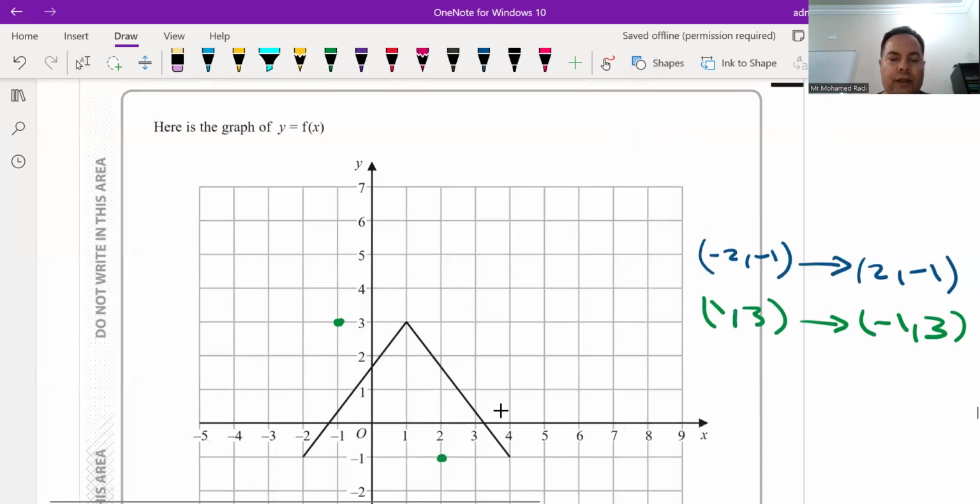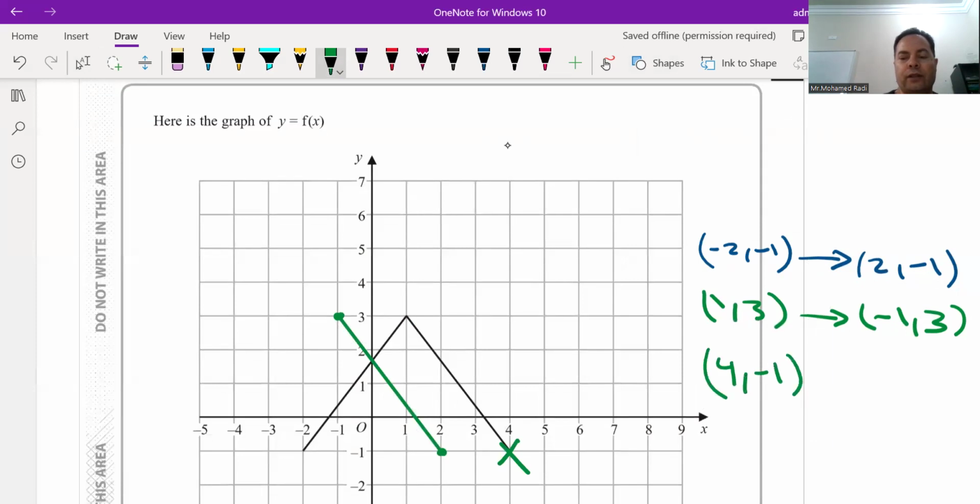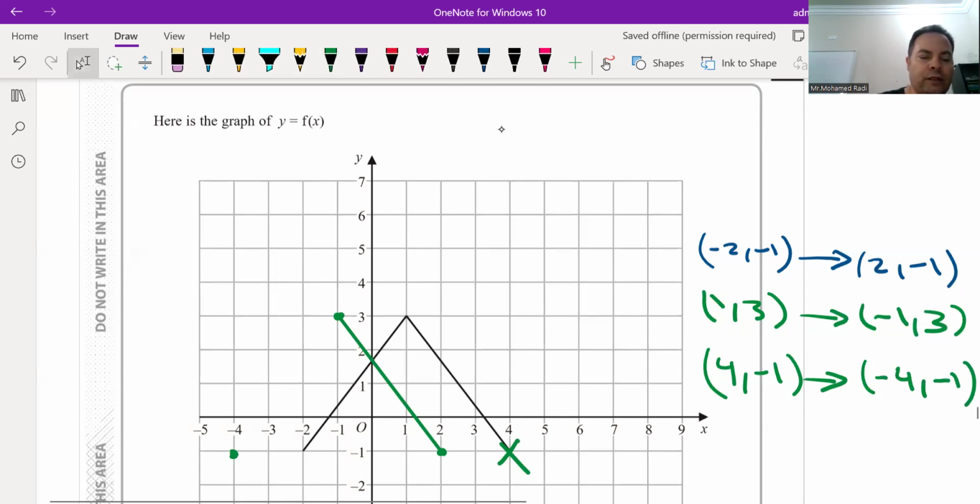So we join this line. It will be like this. Still the point (4, -1), change the x coordinate, it will be (-4, -1).